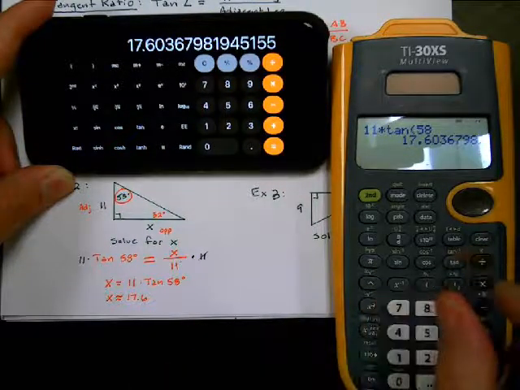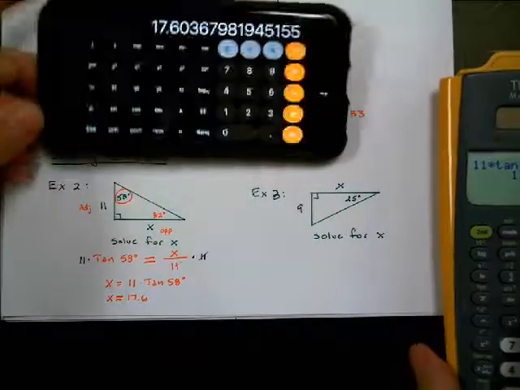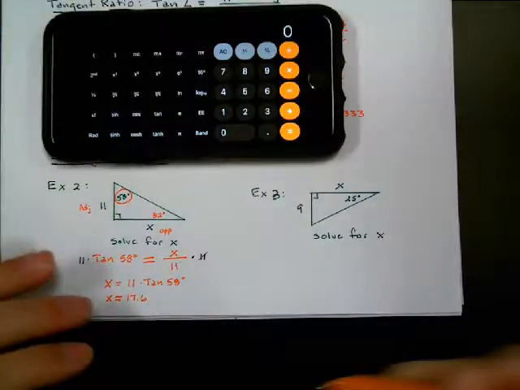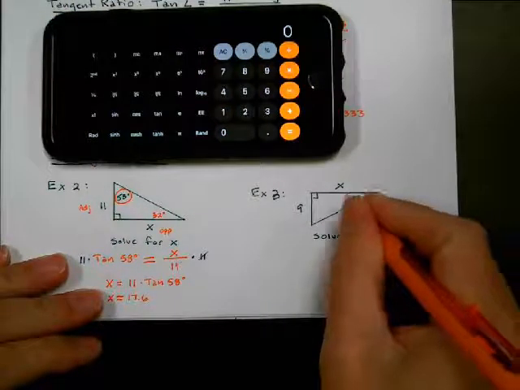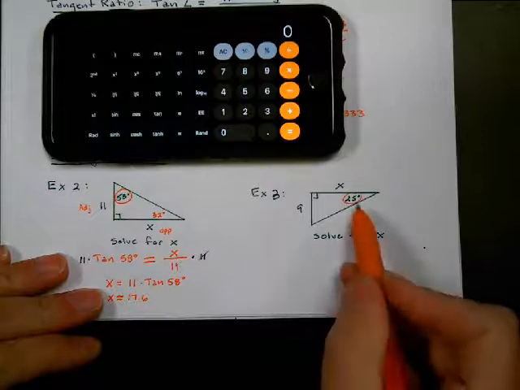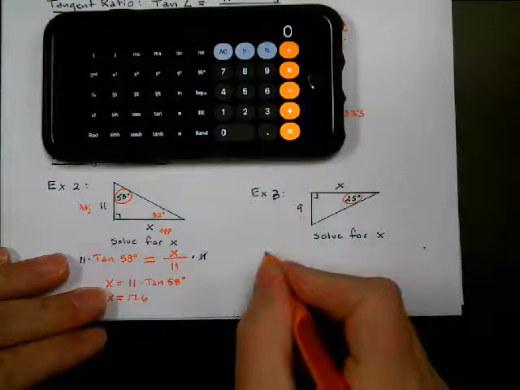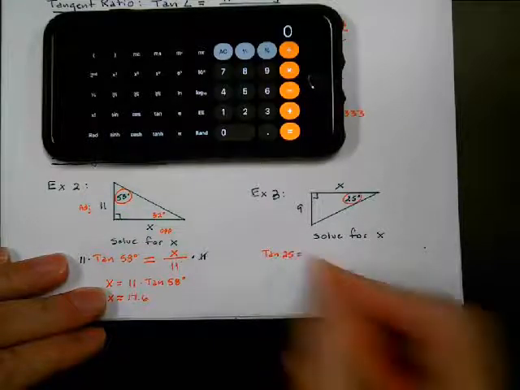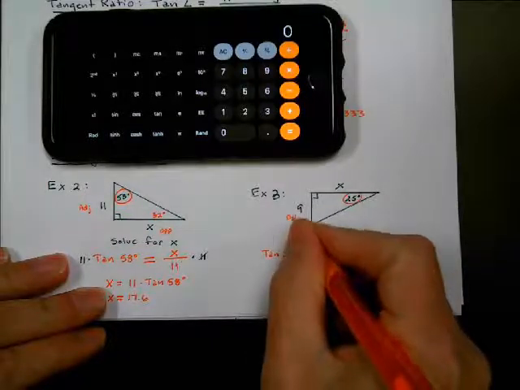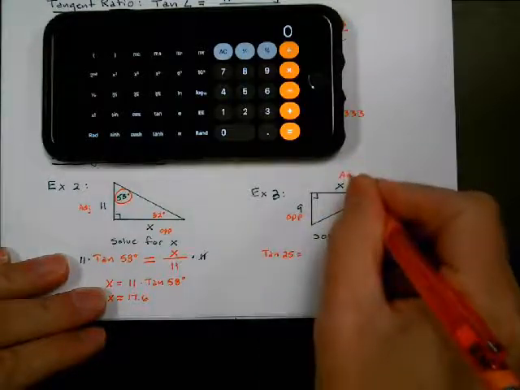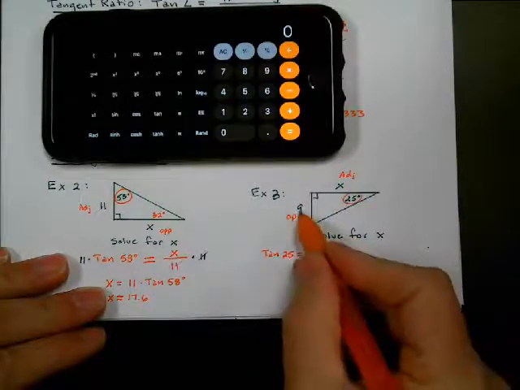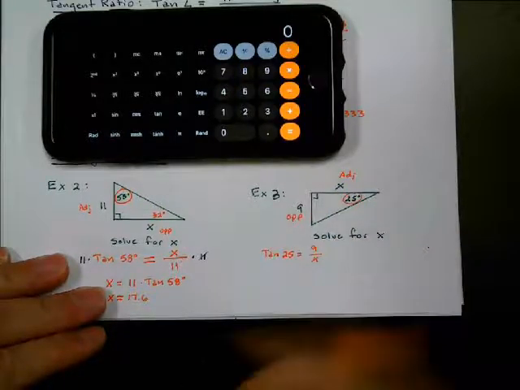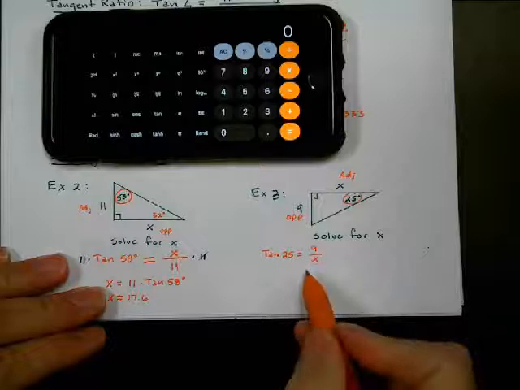Okay, let's do number 3 real quick. So number 3, we've got this angle. So what I can do is say that the tangent of 25 is equal to, this side is the opposite, this side is the adjacent. So it's going to be 9 over x. Now this is a little bit harder to do because the x is in the denominator. I can't just multiply by 9 on both sides.